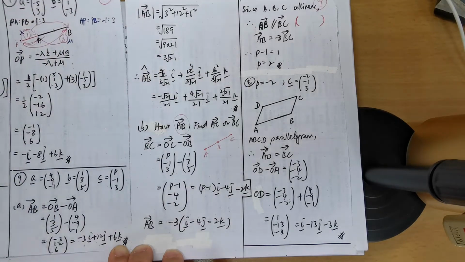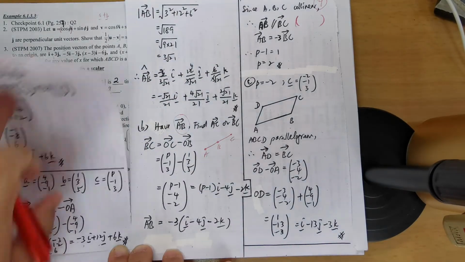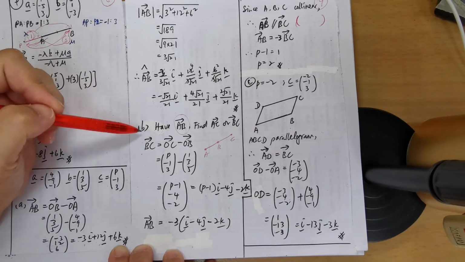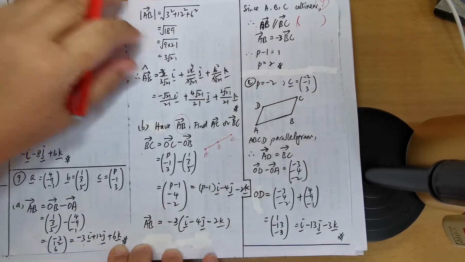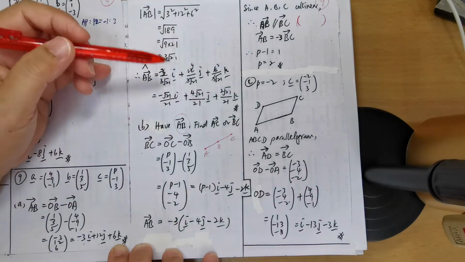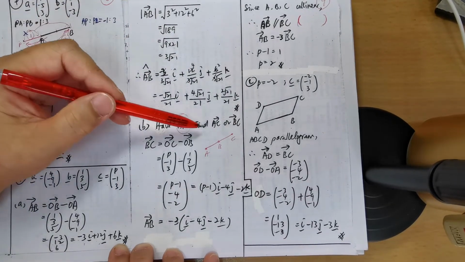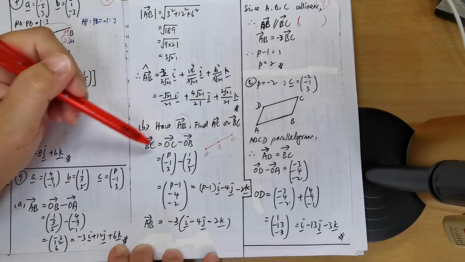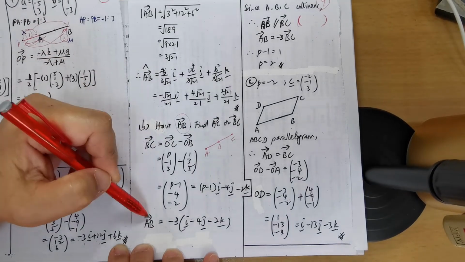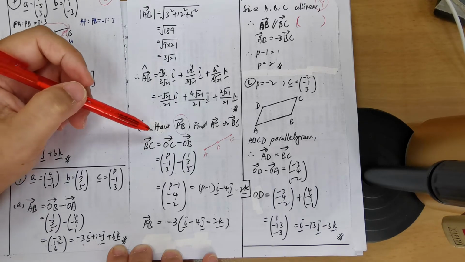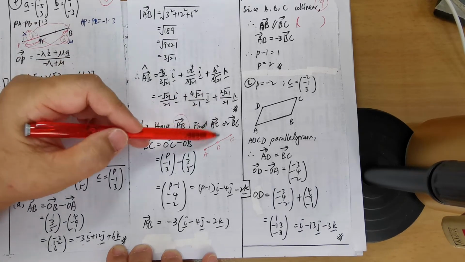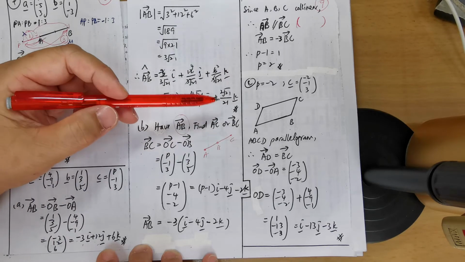The question tells you A, B, C are collinear, so there must be a relation between these two vectors that we choose. Even if you try to find AC later, you will see the relation.